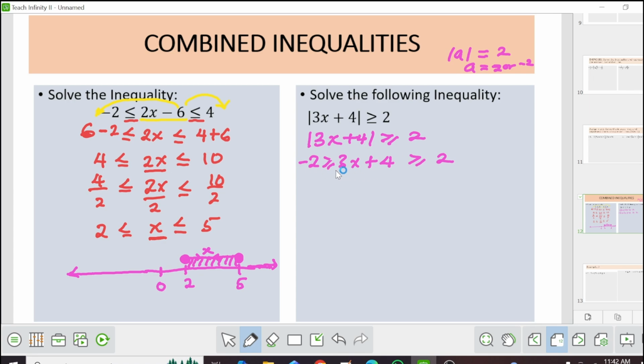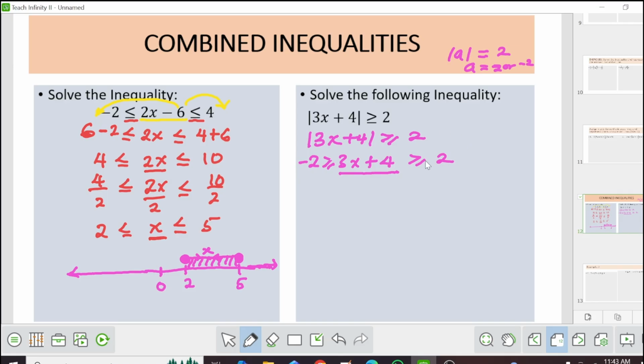So this one now becomes what I have here. Then I can write the variable at the center of the inequality. The number that we move to the other side is the constant, which is the plus 4.